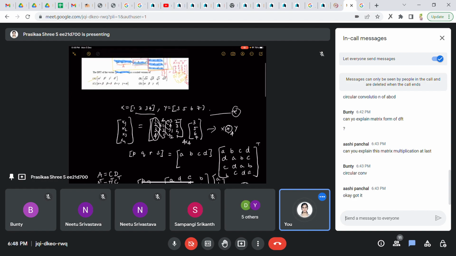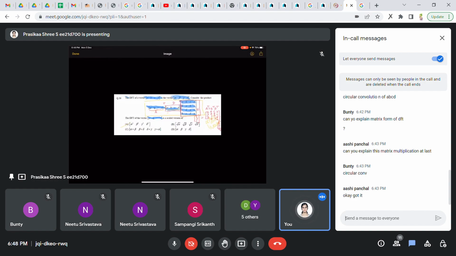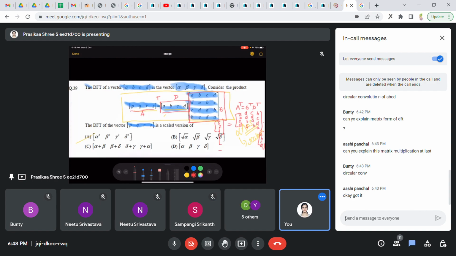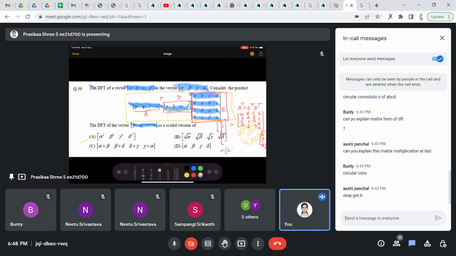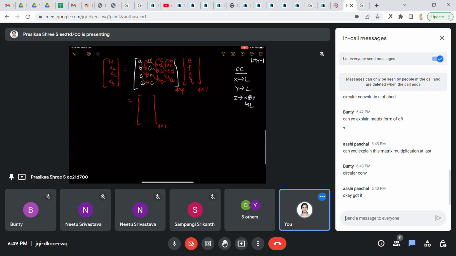So that means this is nothing but ABCD circularly convolved with ABCD. Circular convolution in the time domain, you know, is multiplication in the frequency domain. So it is DFT of ABCD into DFT of ABCD, which is what I have written in the last line.